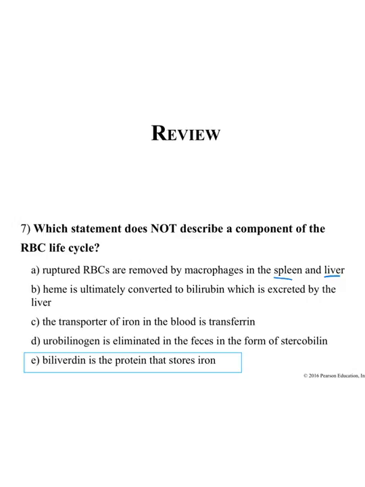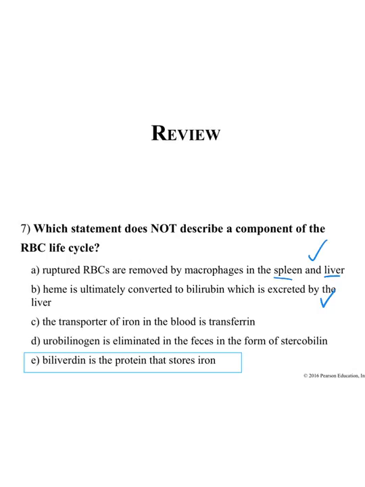But as I said previously, tissue macrophages anywhere in the body can break down red blood cells. Hemoglobin is ultimately converted to bilirubin. Remember, first it's biliverdin, which has that green pigment, to bilirubin, which is yellow, and that will be excreted by the liver. That is true. It's going to be a portion of bile.